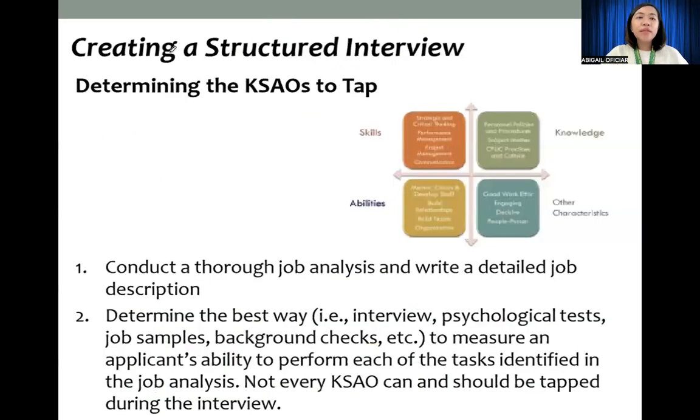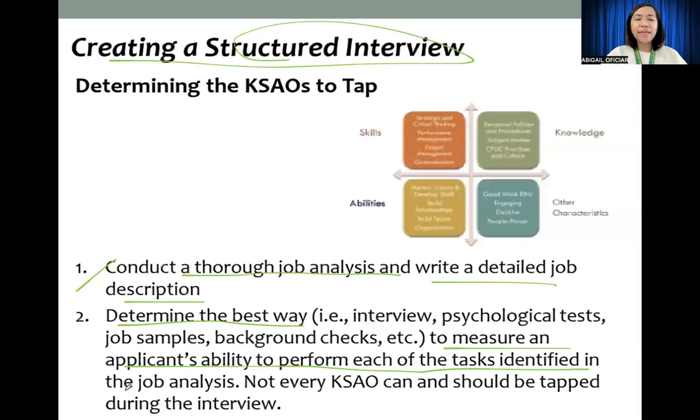Okay, now, how to create a structured interview? Of course, the first thing that you have to do is conduct a thorough job analysis and write a detailed job description. Then number 2, determine the best way to measure an applicant's ability to perform each task identified in the job analysis. And take note, not every KSAO can and should be tapped during the interview. Why?